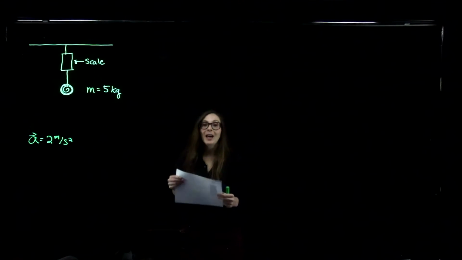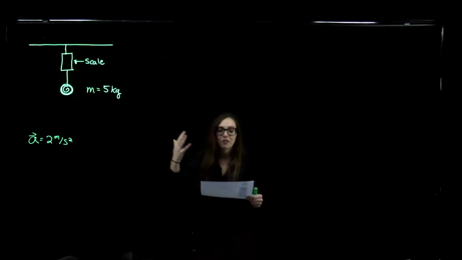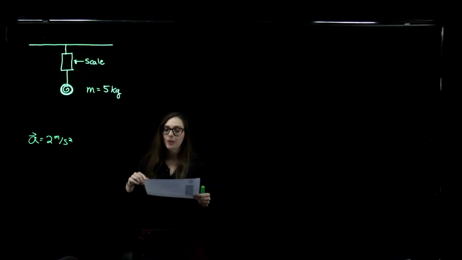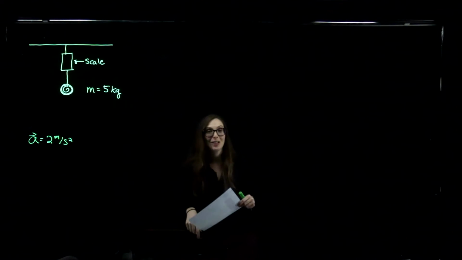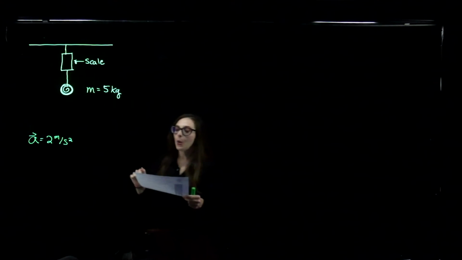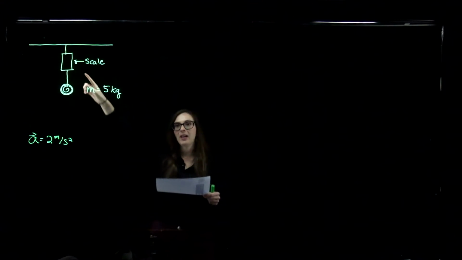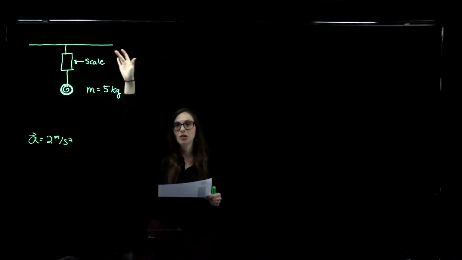We have an astronaut, and that astronaut is weighing a 5-kilogram meteorite with a spring scale attached to the ceiling of a rocket ship. So this is a theoretical problem. In this drawing, we've got the ceiling of our rocket ship.